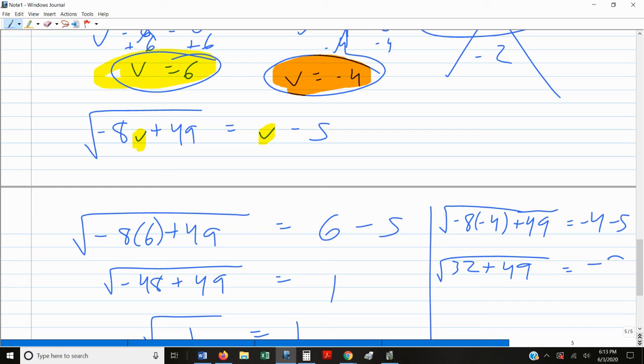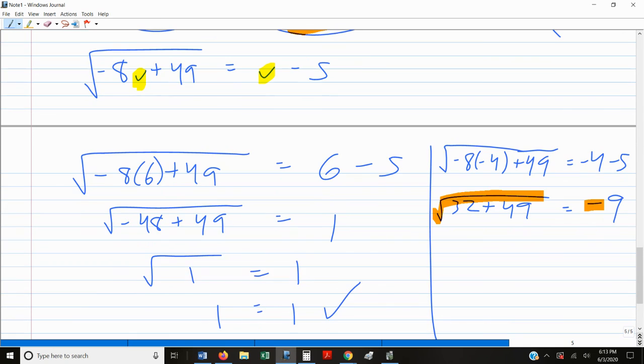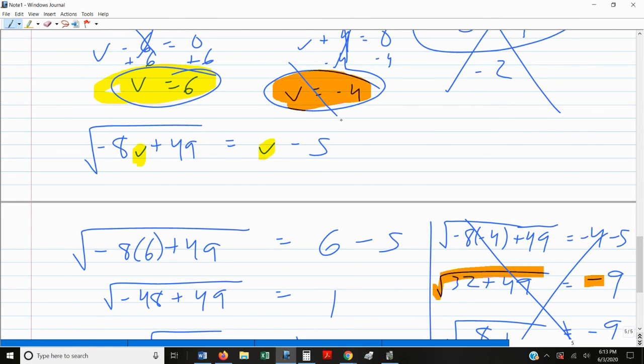Negative 4 minus 5 is negative 9. You could potentially stop there, because when you take the square root of something, you're never going to get a negative number. So if you see that that's not working, you could stop right there. 32 and 49 is 81, but the square root of 81 is not negative 9. So that negative 4 was an extraneous solution.